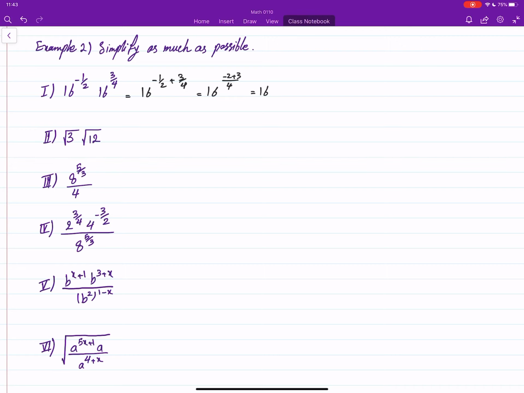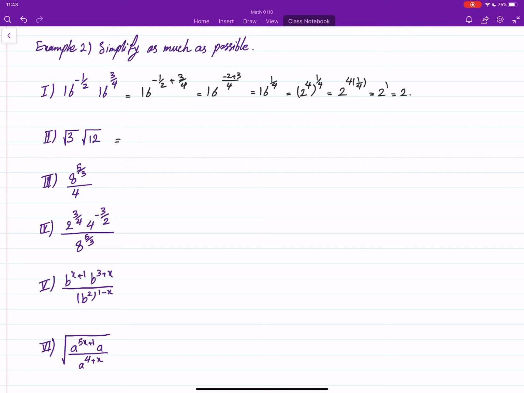This is 16 to the power 1 over 4. And again, 16 is 2 to the power 4, to the power 1 over 4. Exponent of exponent, you multiply the exponents. This will give us 2 to the power 1, which is 2.